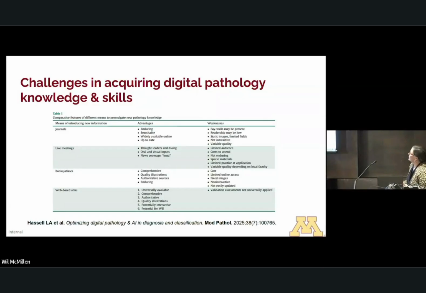So they highlight the pros and cons, and I would say the pros for almost all of these resources for learning, journals, live meetings, books, web-based atlas, is that they're fairly accessible, low cost, if not free, and can be done asynchronously in many cases.